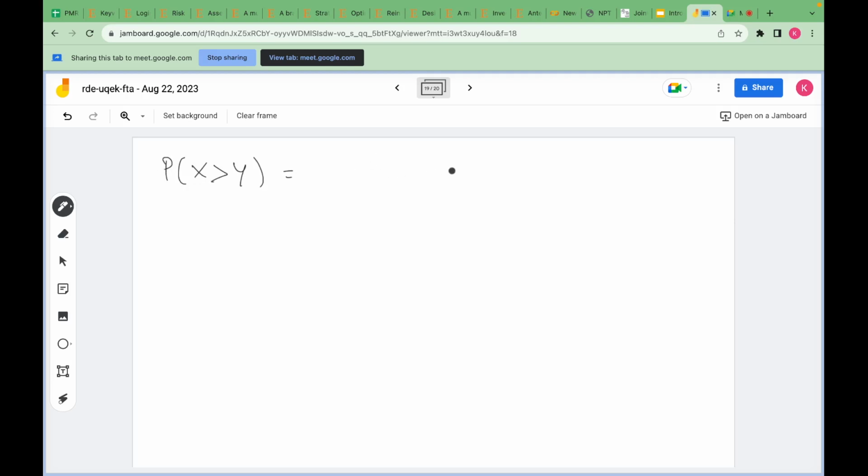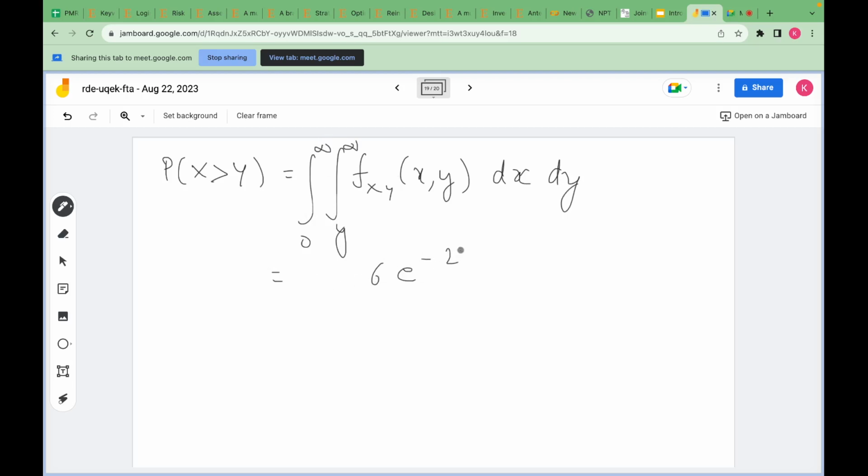So I will go through this first expression, where I will first integrate x and then integrate y, from y to infinity and 0 to infinity. This is e to the power minus 2x plus 3y dx dy, with x from y to infinity and y from 0 to infinity.